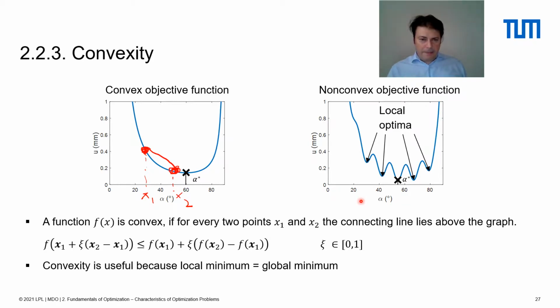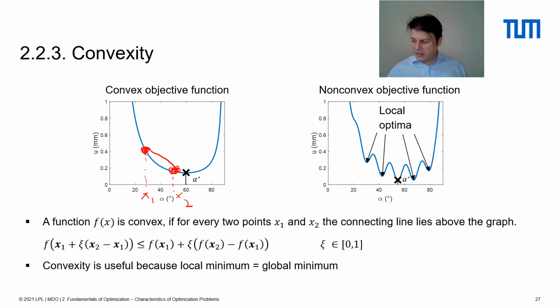And convexity is useful because if your objective function and your constraint functions are convex, then your optimization problem will be convex. And in this particular case, global minima are equal to local minima.